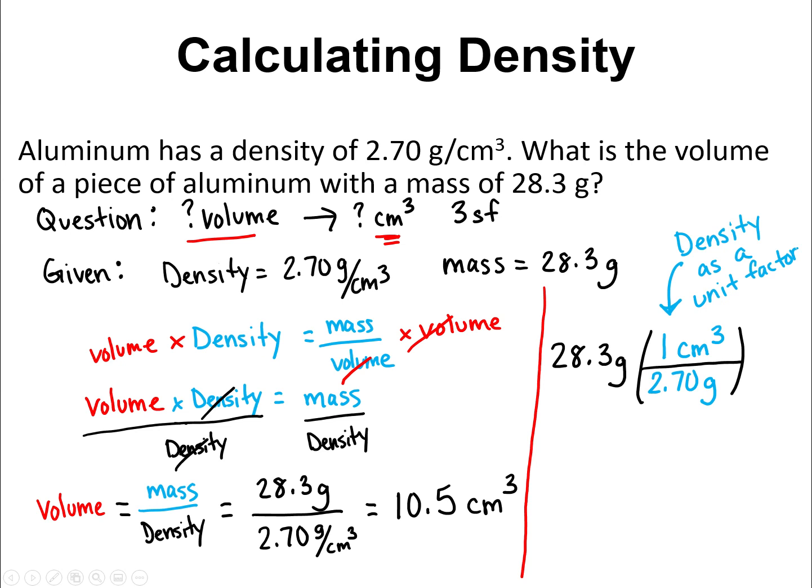That's exactly what it is. It's 2.70 grams for every 1 centimeter cubed. That's what density means.